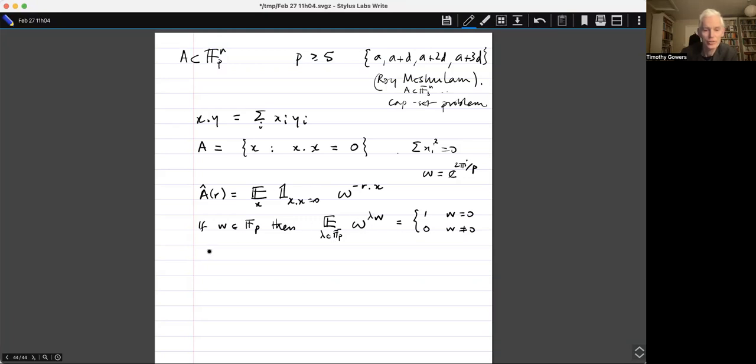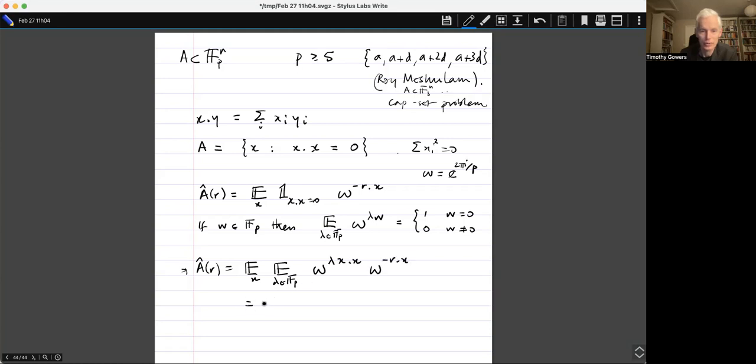So I'm going to write this as the average over all x, average over all lambda in F_p, of omega to the lambda x dot x, omega to the minus r dot x.